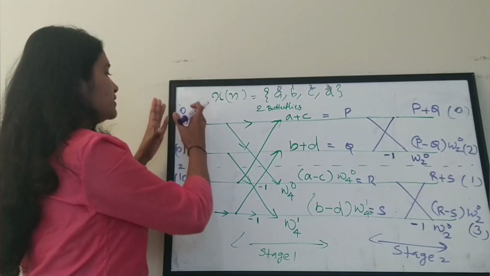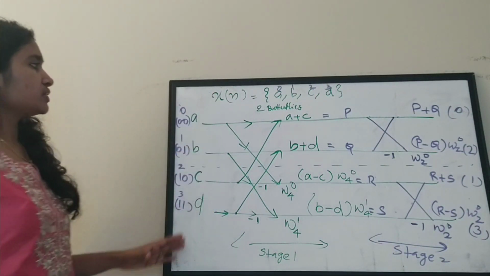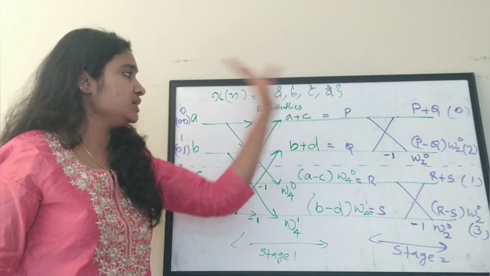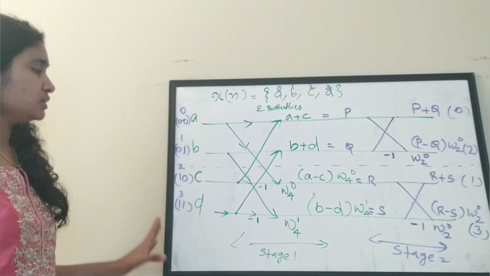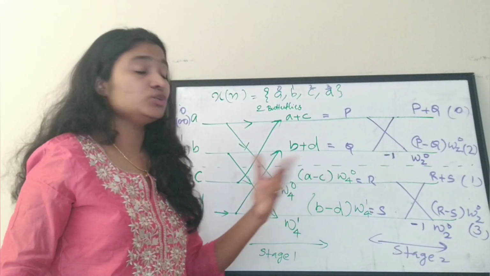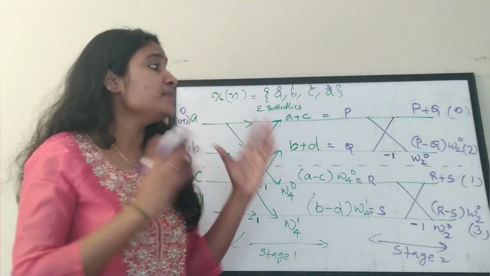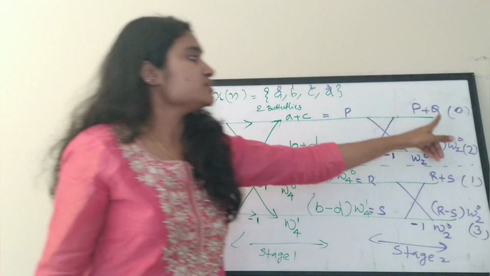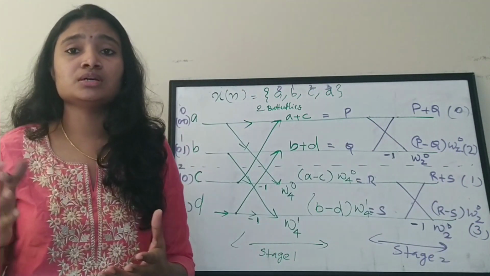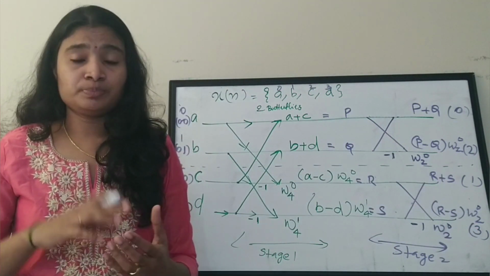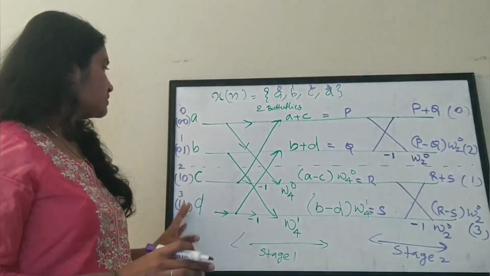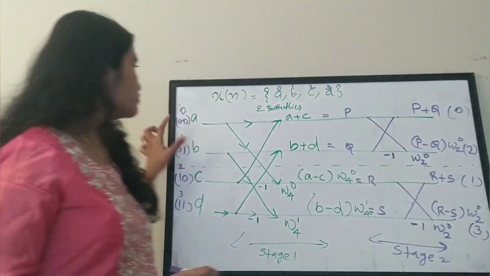So if you give the inputs in the correct order, that is, directly as the order 0, 1, 2, 3, that is A, B, C, D, to the decimation in frequency algorithm diagram, your output will be in the bit reversed order, that is 0, 2, 1 and 3. If you remember, if you seek back to the previous position of the video, you can understand that it is nothing but the bit reversed version of this.